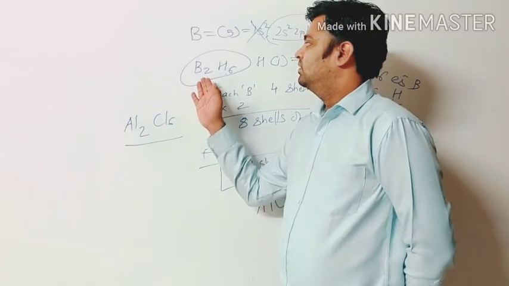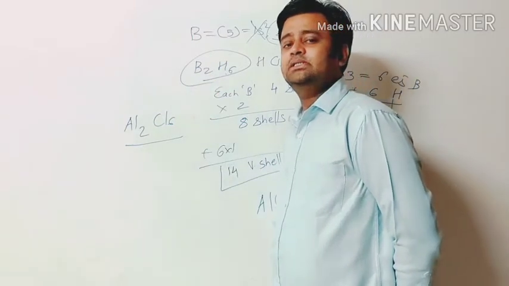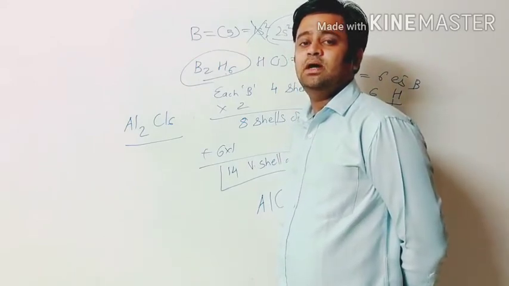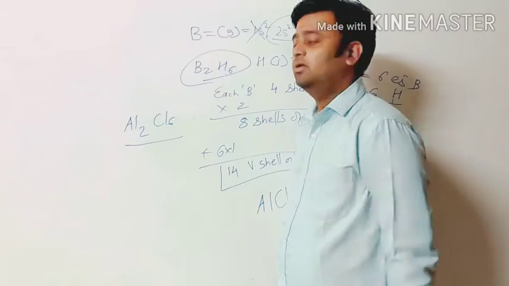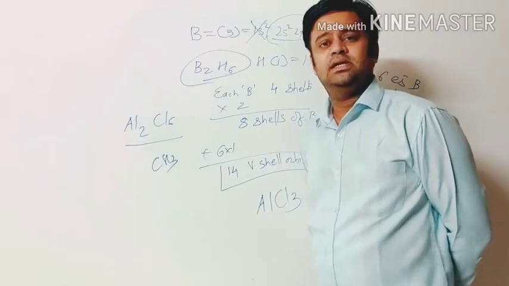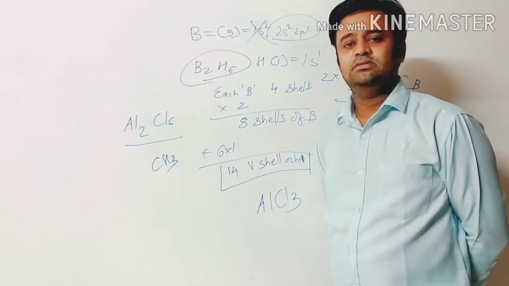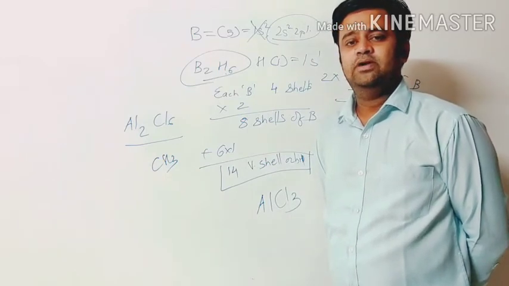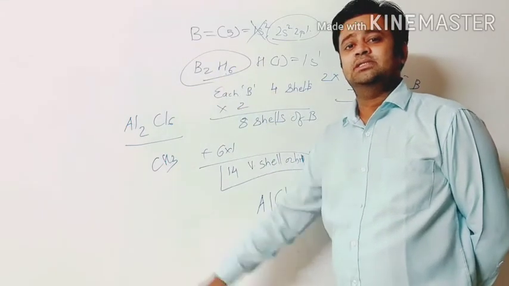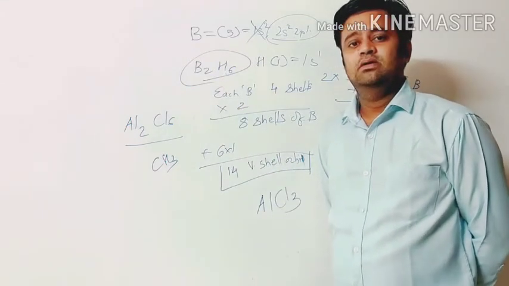Generally, the boron family elements form complexes with alkenes, alkyl groups. We have already studied the Friedel-Crafts reaction, right? Do you remember the Friedel-Crafts reaction? In that, anhydrous AlCl3 is used as a catalyst. Why?